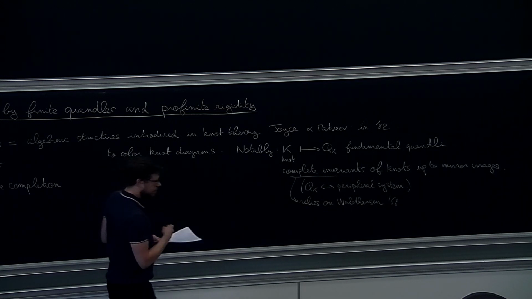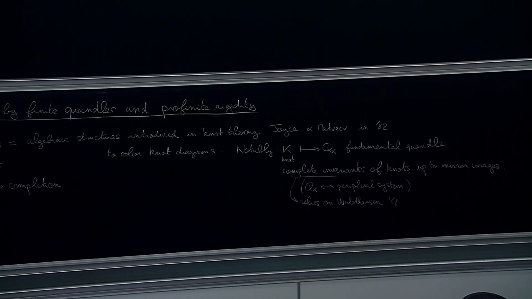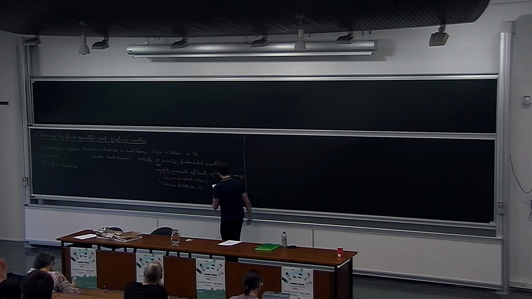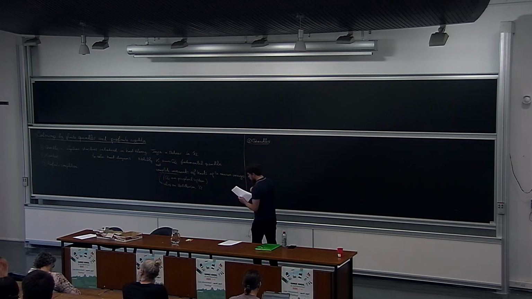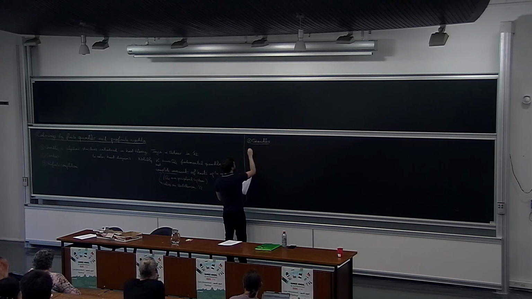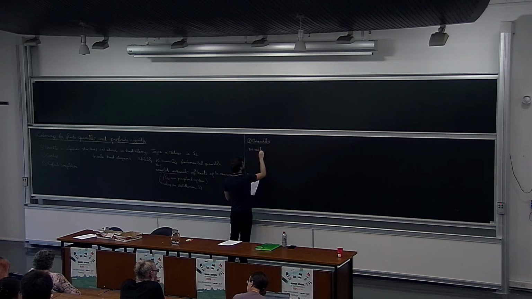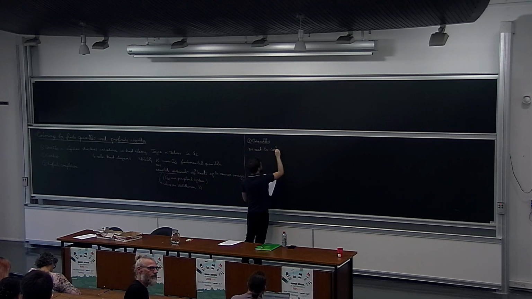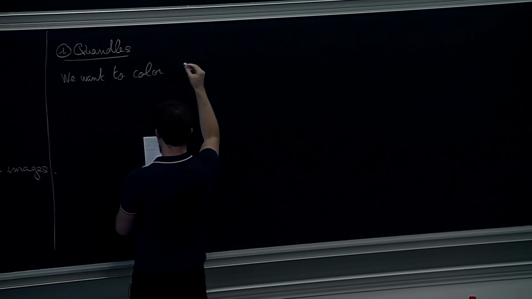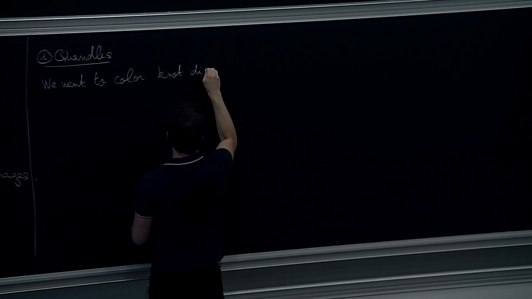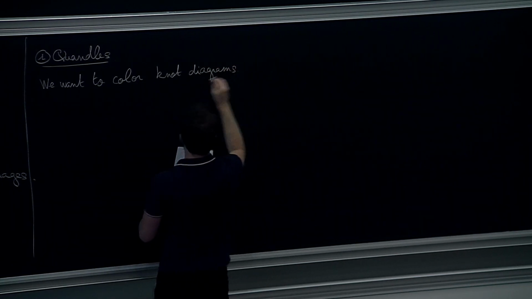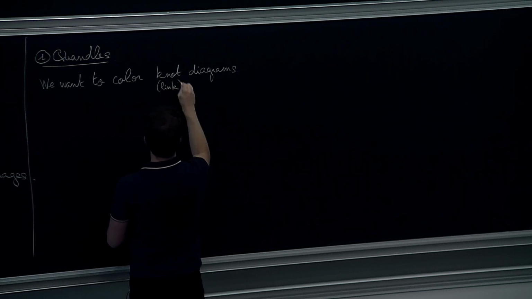Okay, so let's explain now in detail what a Quandle is and how we color knots with this. So what we want is to color knots, knot and link diagrams. I'll talk about links later.